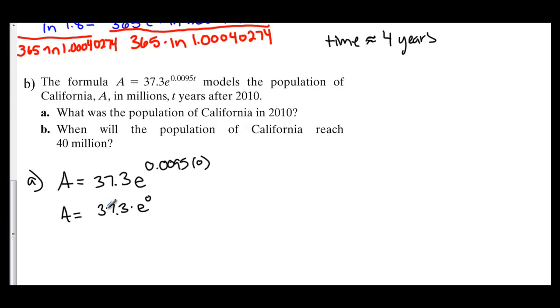So this is like 37.3 times 1, or A equals 37.3. So the answer, what was the population of California in 2010? It's not going to be 37.3, but it will be 37.3 million, because it tells us that A is in millions.